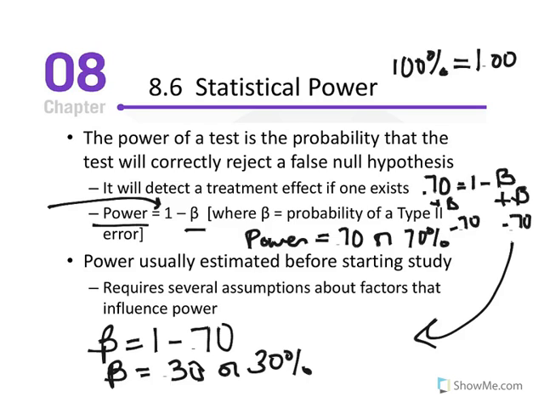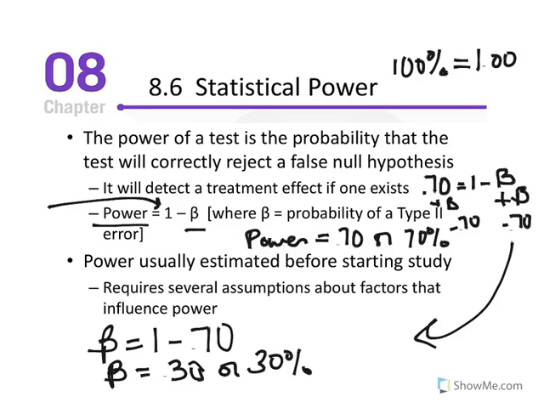Now, there isn't a lot of application or reason to do this, but you may have some mathematical problems in your homework that ask you to solve for beta given the relationship between these variables. But what I want to focus on now is actually how do we calculate power.